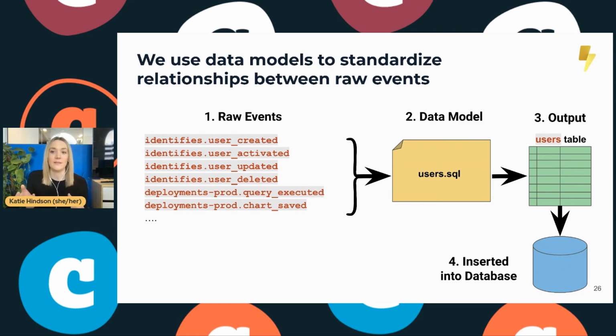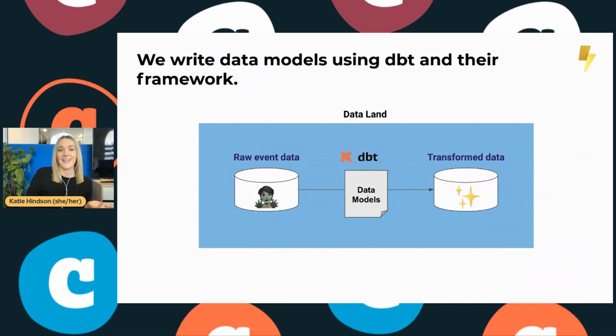The output of these models are the tables that we know and love, like users or accounts. And the way that we do this is we write our data models using dbt and their framework. So dbt owns all of the transformation and general happy sparkle adding between our raw events data and our transformed data.